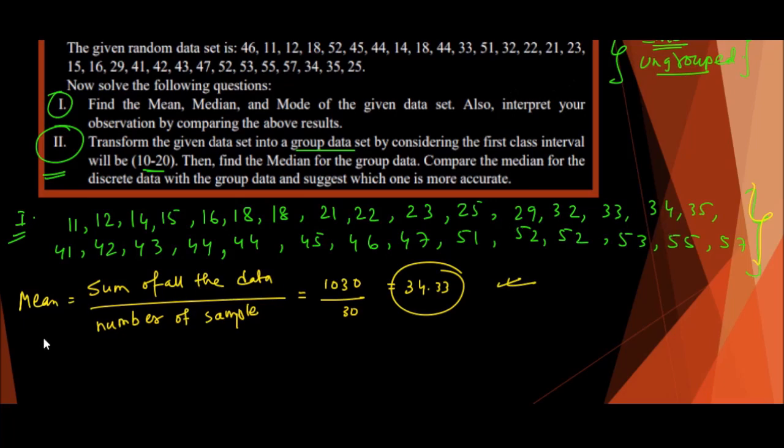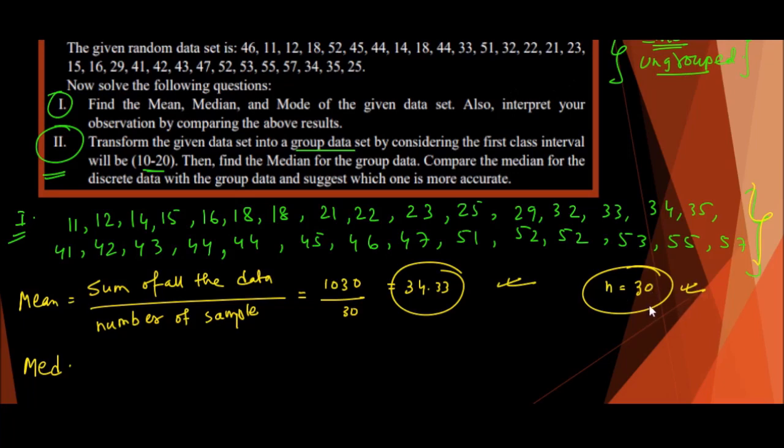Now the next step is to find the median. How to find the median? If you consider the total sample, the n value is 30, which is even.